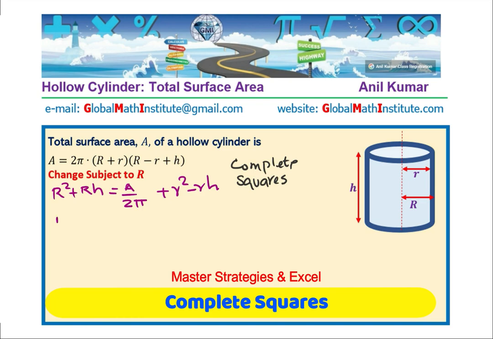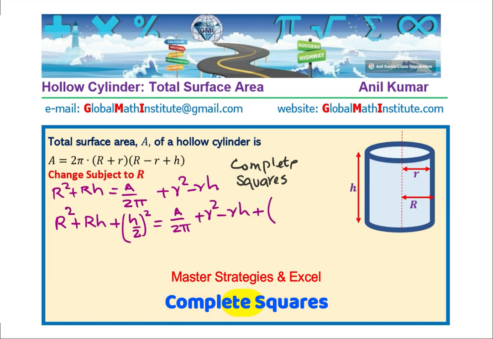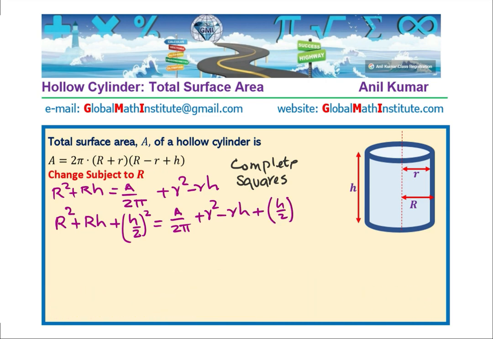So we could write this as R square plus R h plus (h by 2) whole square. So we add this term on both sides. We get A over 2 pi plus r square minus r h plus (h by 2) whole square. You see that.